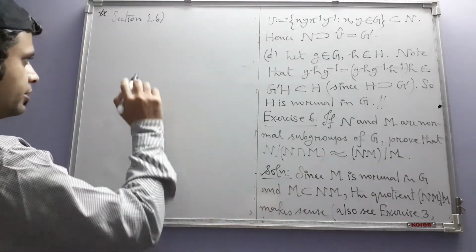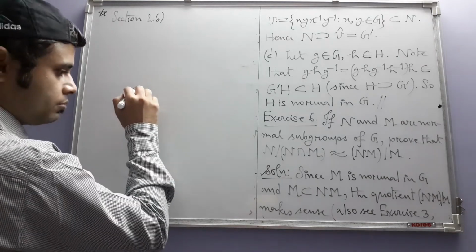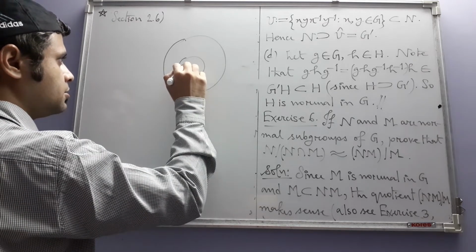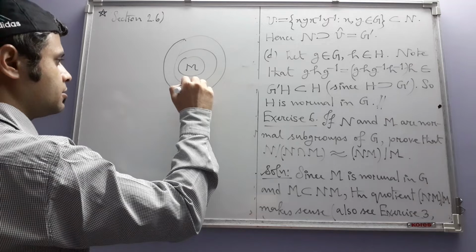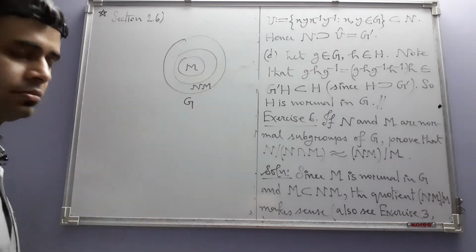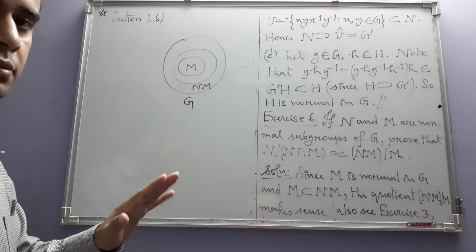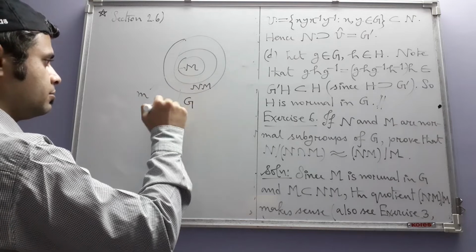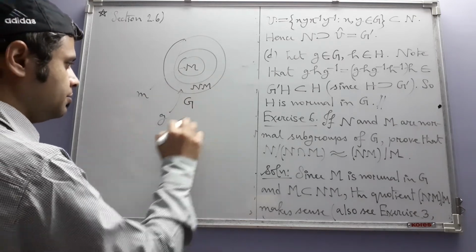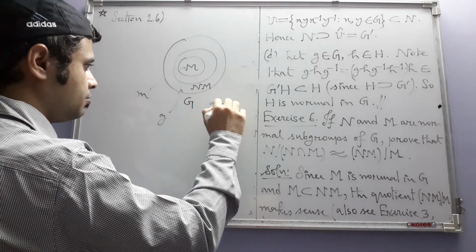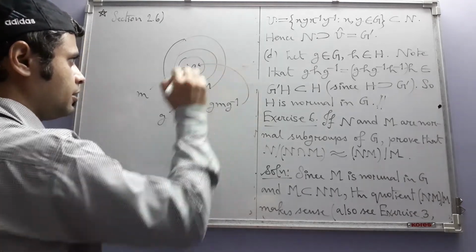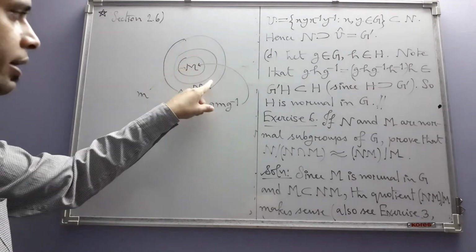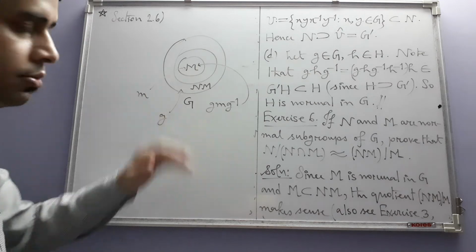Why I am saying that is this. You see, this is our G, this is M, and this is NM. M being normal in G means what? If you take any element m from M and any element g from G, then this element gmg inverse is in M. Now in particular, if your g is coming from inside NM, then also the same will be true.